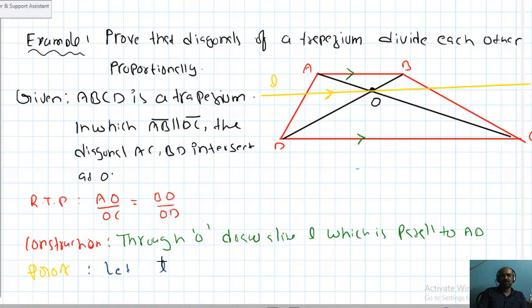Proof. Let L intersect AB, AD, not AD, and BC at P and Q respectively.